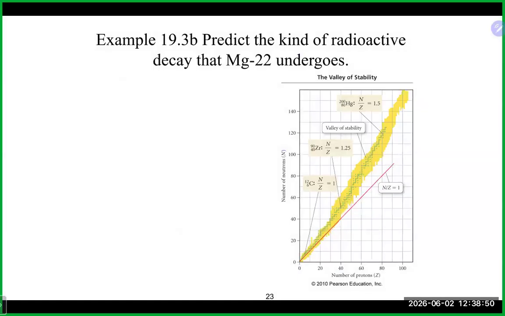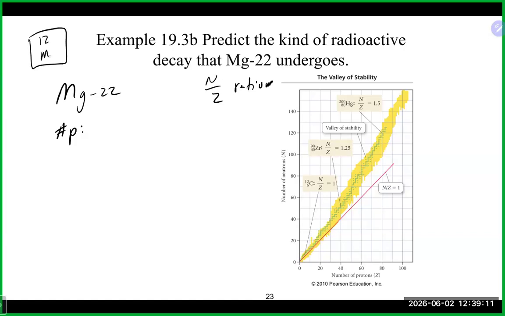So let's take a look and see how we can figure this out. If we take magnesium 22, the first thing we want to look for is its N to Z ratio. So I need to figure out the number of protons, and I can get that from the periodic table. Magnesium is number 12, which means it has 12 protons.